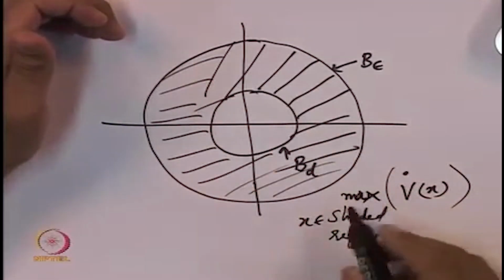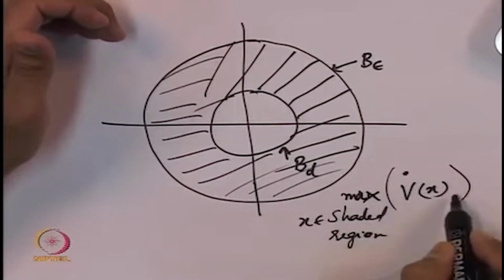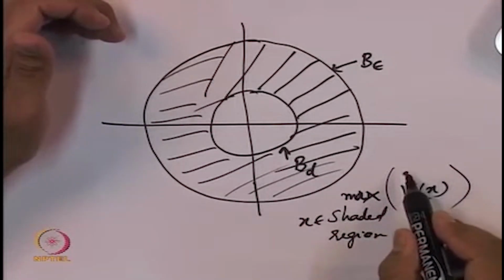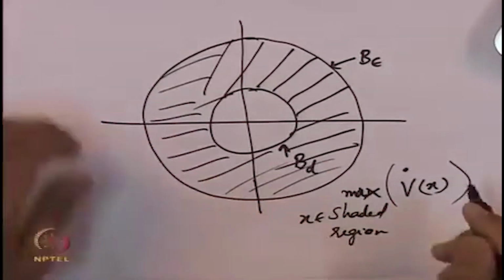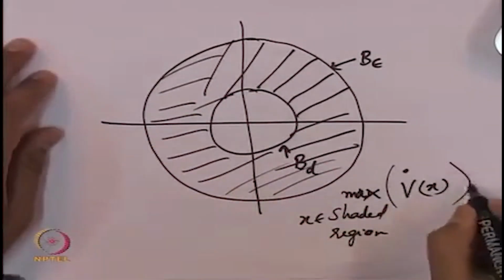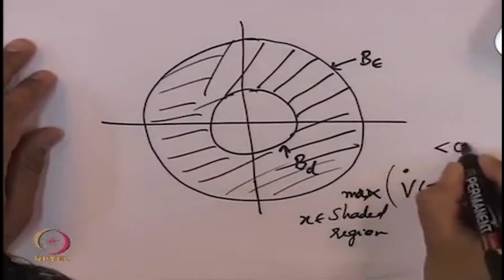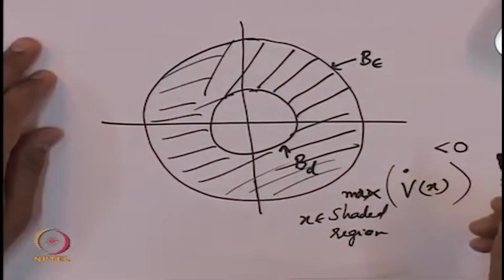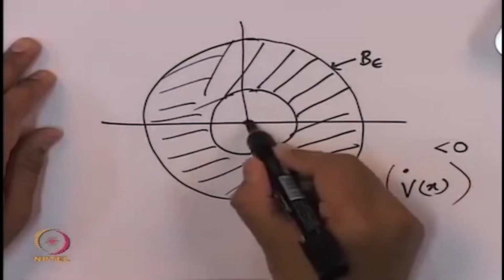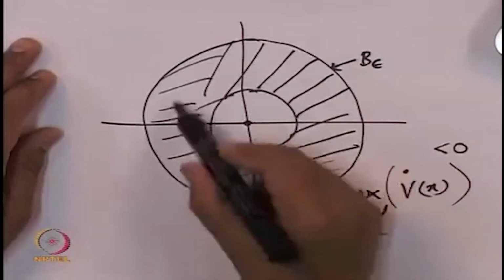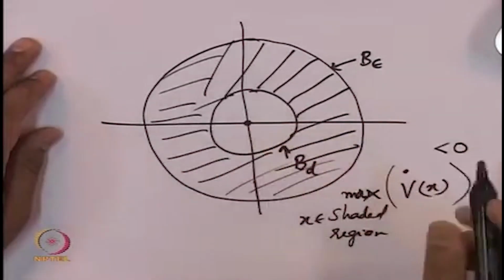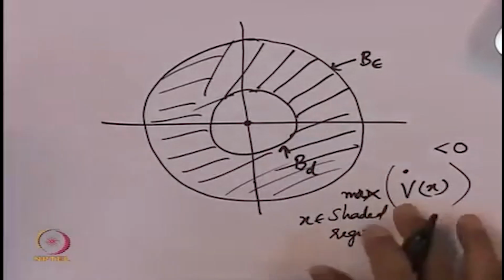We are going to maximize this quantity, which denotes the rate of change, so its maximum value is the maximum increase. But V dot is decreasing as a function of time, so V dot at every x is strictly less than 0. Why? Because the point x equal to 0 is ruled out, and V dot is equal to 0 only at this center. Hence inside this region V dot is strictly negative.